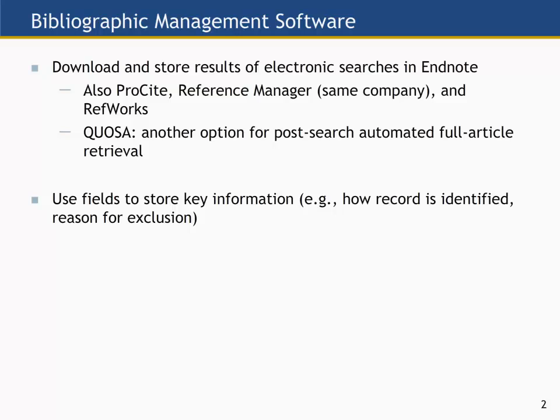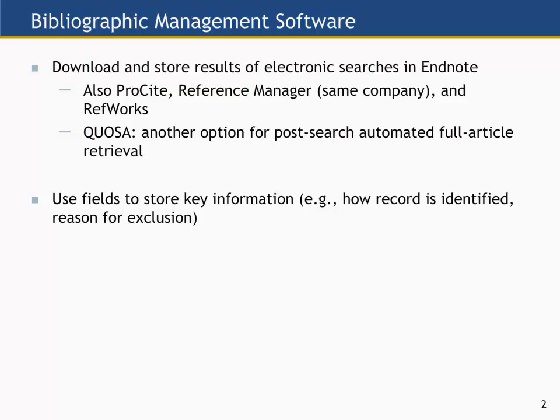Some of you may also be familiar with RefWorks, which is available free at Johns Hopkins, or Reference Manager. There's another tool called Quosa that is also available to you, at least while you're at Hopkins, free to download. Quosa's advantage is that it allows you to do automatic full-text retrieval for at least some of the citations.